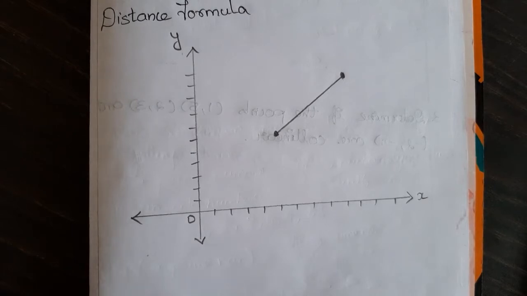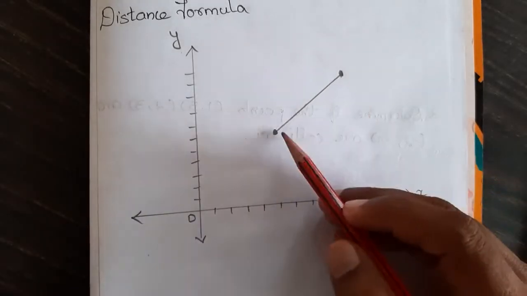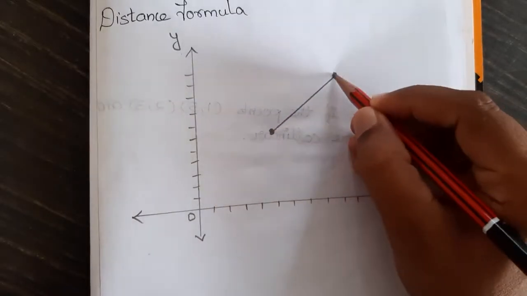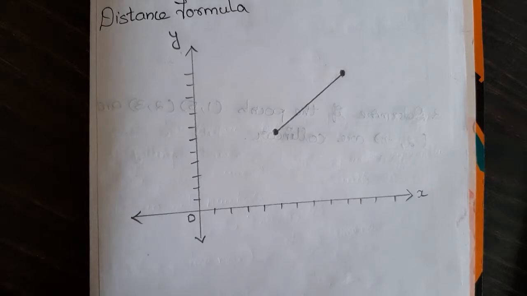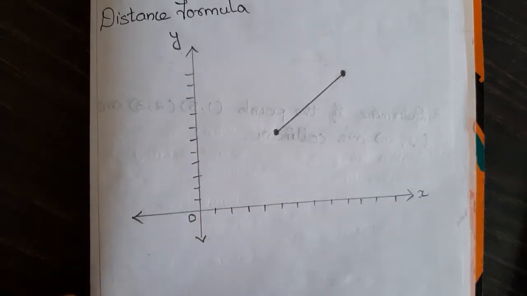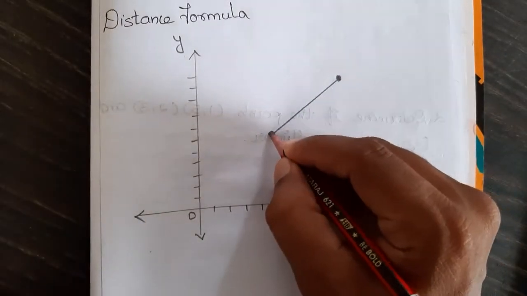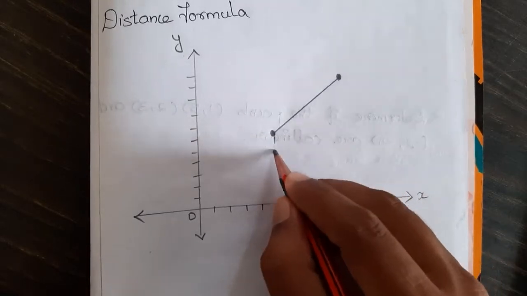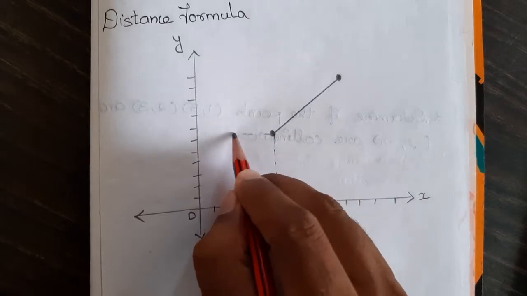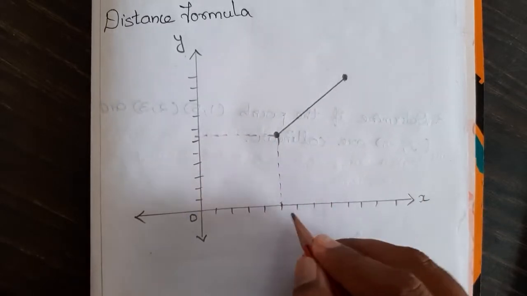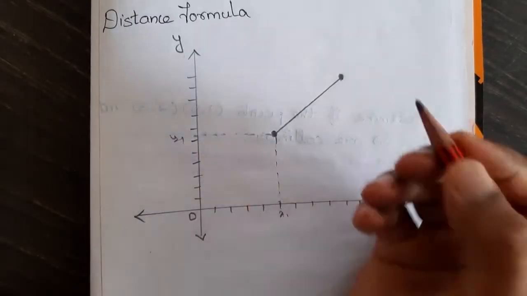Distance means the shortest distance between any 2 points. Let me draw the distance between these 2 points as a line in the coordinate plane, which is the xy plane. Let me call this point x1, y1.